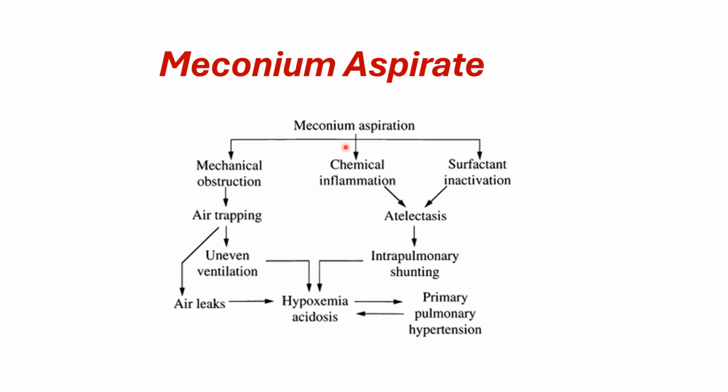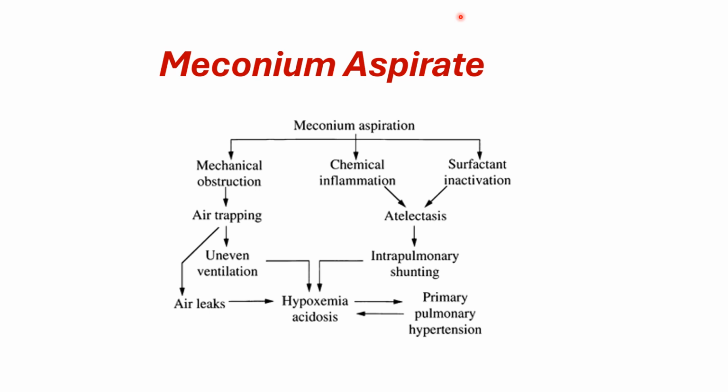The meconium aspirate can cause chemical inflammation and also surfactant inactivation, which will cause atelectasis, intrapulmonary shunting, hypoxemia, acidosis, which will cause then, in its turn, primary pulmonary hypertension.